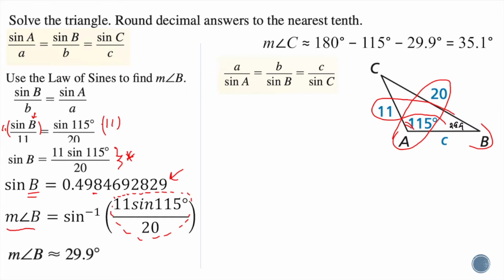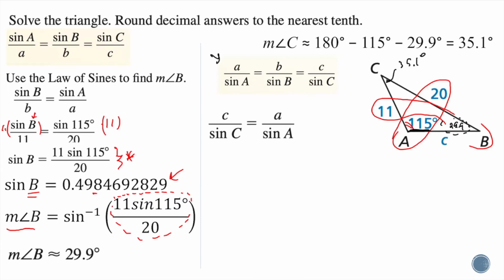Now, to find angle C, I know that the sum of the interior angles of a triangle is equal to 180. So 180 minus 115 minus the newly found angle, 29.9, is equal to 35.1 degrees. Perfect. Now we're going to use this proportion to find the side length C, or side length AB.